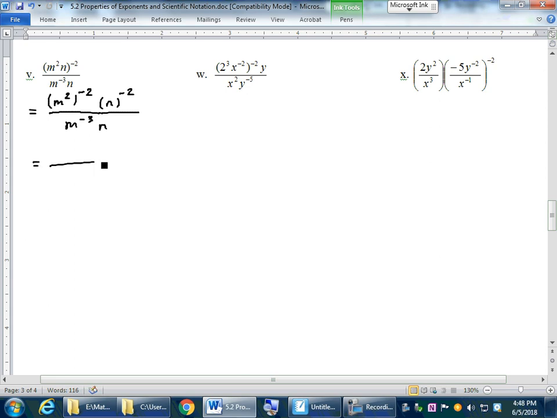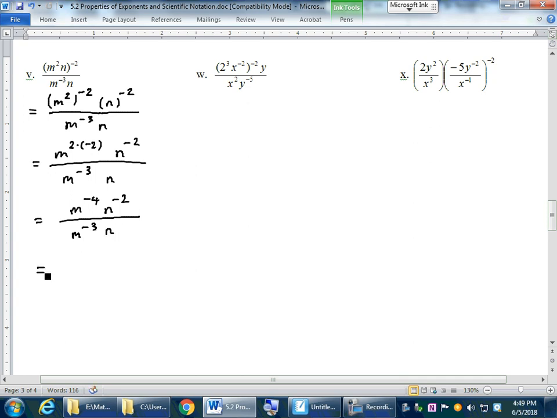So this gives me m to the 2 times negative 2 using property number 3, and n to the negative 2, and m to the negative 3, and then n in the denominator. Simplifying a little bit further, that will be m to the negative 4, n to the negative 2, m to the negative 3, n in the denominator.